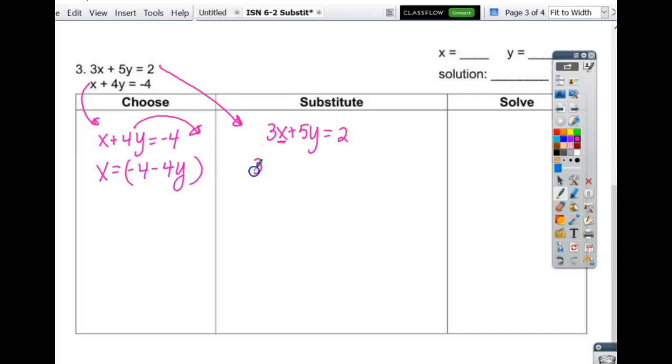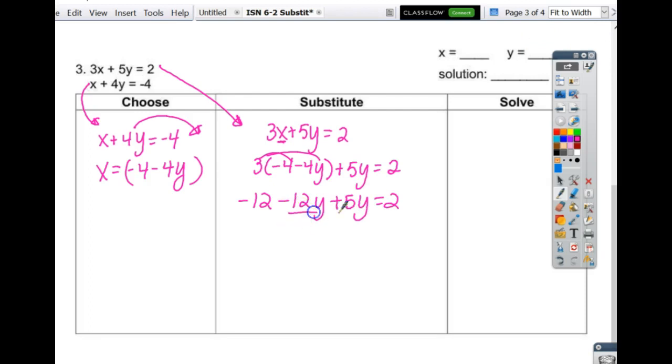So I'm going to have 3 times. So what do you think I'm going to do next? Distribute. So we don't mind doing that. That's not hard. So you get negative 12 minus 12y plus 5y.